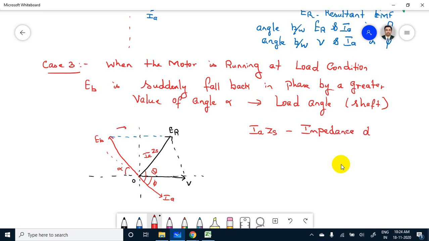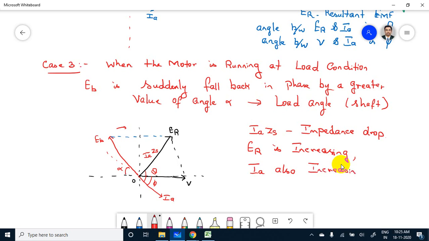So when the motor is running on load, the EB suddenly falls back in phase, and the ER value is also increasing. Due to the increase in this resultant voltage, our armature current IA is also increasing.